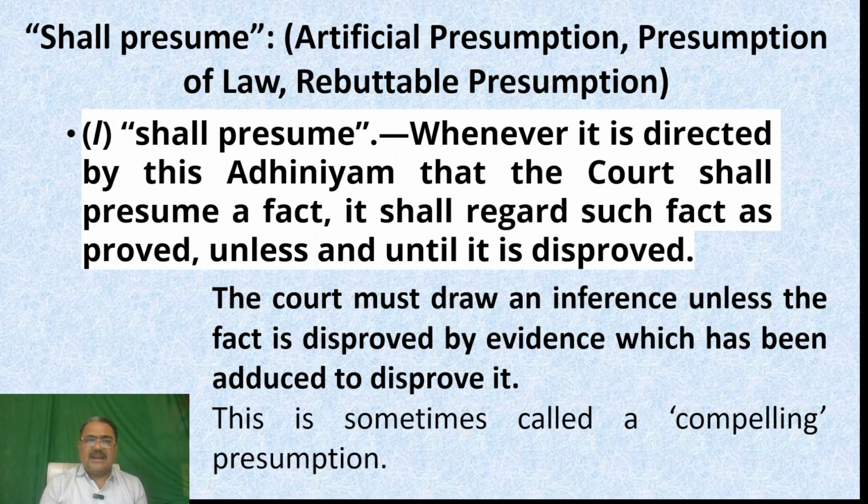What is the second category? The second category is broadly what we call presumption of law. And in presumption of law, again there are two categories. There can be rebuttable presumption of law and irrebuttable presumption of law.